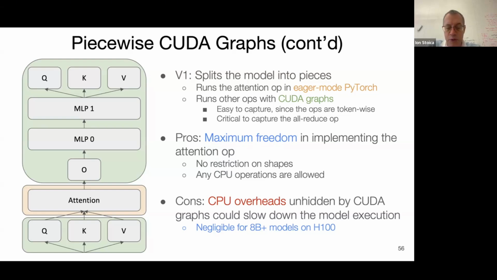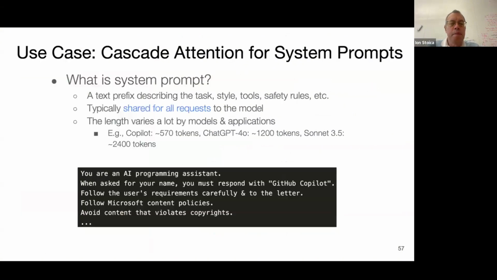Of course, for the GPU it's going to be very complex to do, because this is beyond matrix multiplication. Also, you have no restriction in shapes, and it turns out that if the model is large enough, say over 8 billion parameters, the overhead of going to the CPU is pretty minimal.